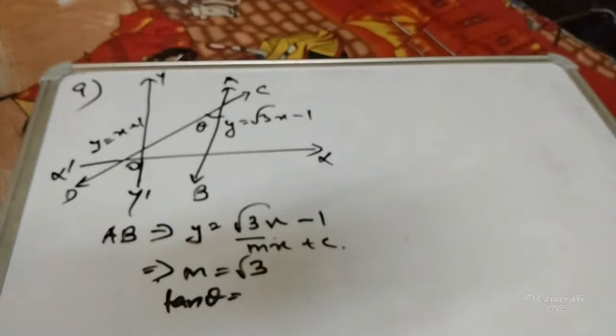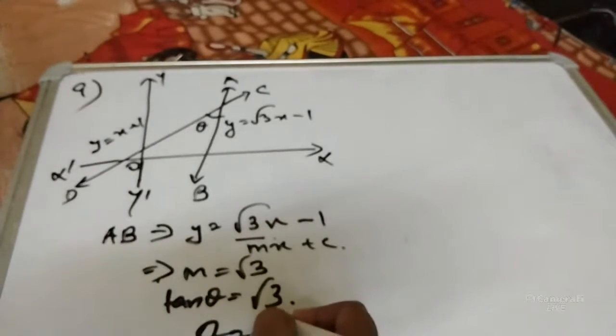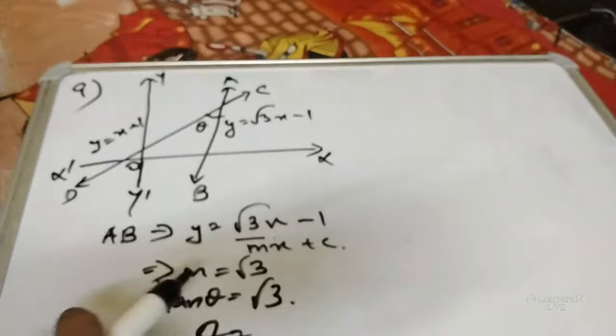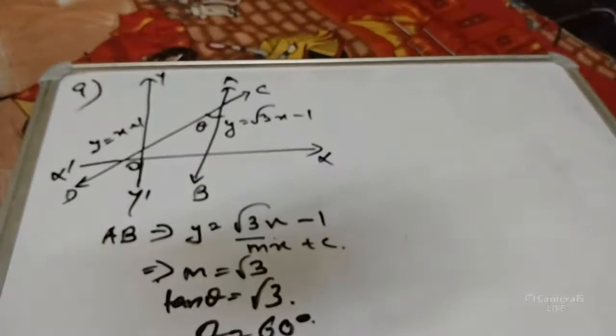So if tan theta is equal to root 3, then theta will be equal to 60 degree, because tan 60 is equal to root 3. So theta we can write it to be 60 degree.